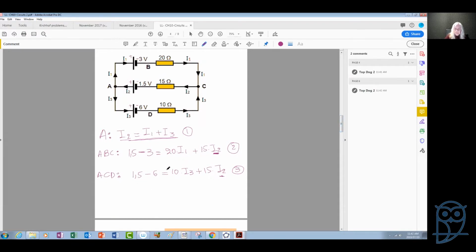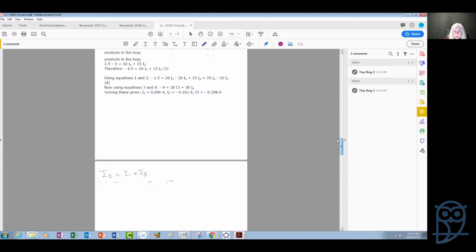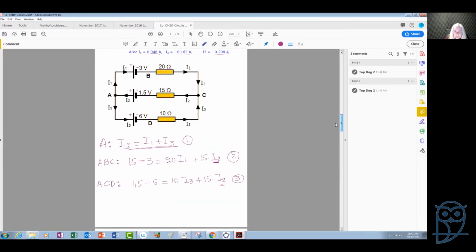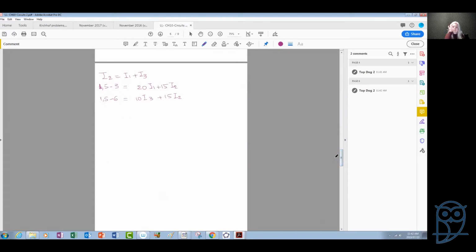And the next one is 1,5 minus 6 equals 10 I3 plus 15 I2. I have them here in my scribbling books. I hope it's the same. 10 I3 and 15 I2. Okay, good. So here are our equations.